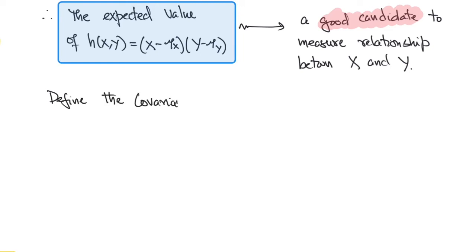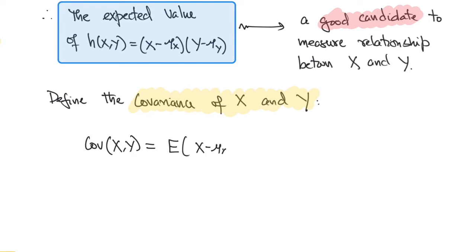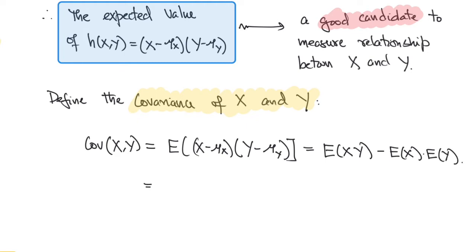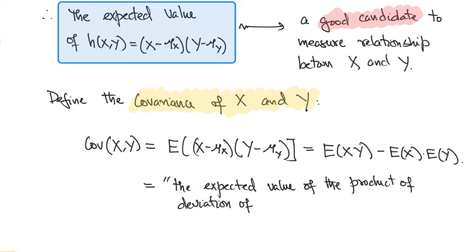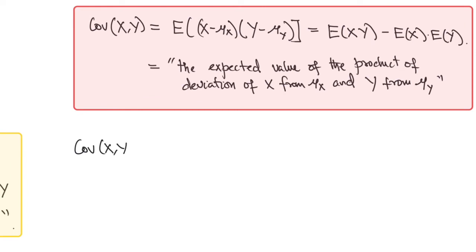We define the covariance of the random variables x and y as the expected value of x minus mu x times y minus mu y. You can simplify this as the expected value of x times y minus the expected value of x times the expected value of y. This is the expected value of the product of the deviations of x from the expected value mu x and y from its expected value mu y.